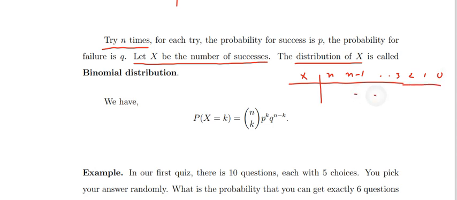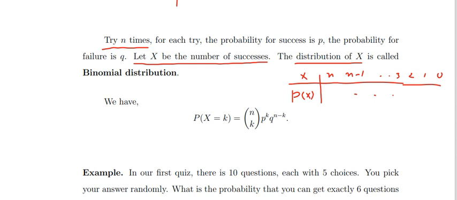If n is big, then the table is big, so we don't like that. So here we just focus on the probability for each one, X equals k. We just focus on this probability.